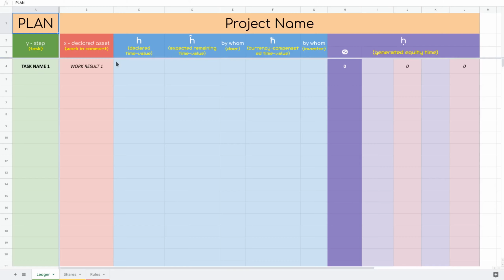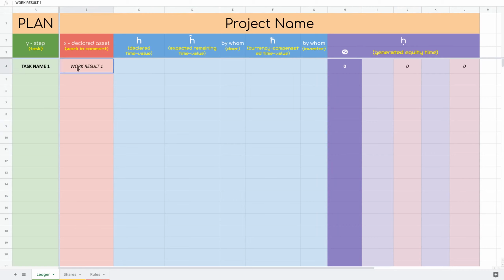So basically, this is just a table with a single formula. You see above here how to compute the shares if you have the work results.